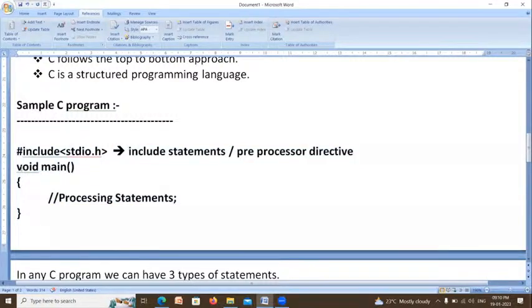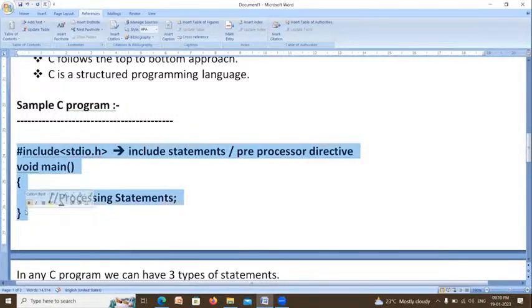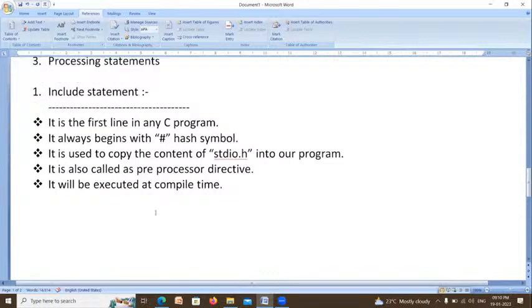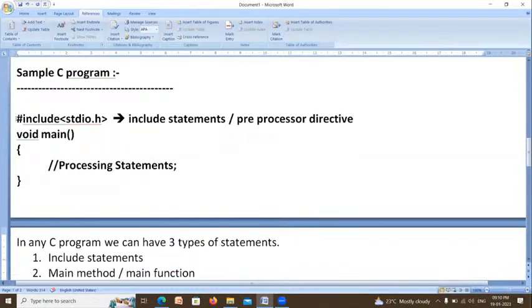We need to convert this program into machine understandable format. That conversion process is called compilation. Then the computer can understand and execute your program. So this line will be executed at the time of compilation, not at the time of running. So it is called preprocessor.